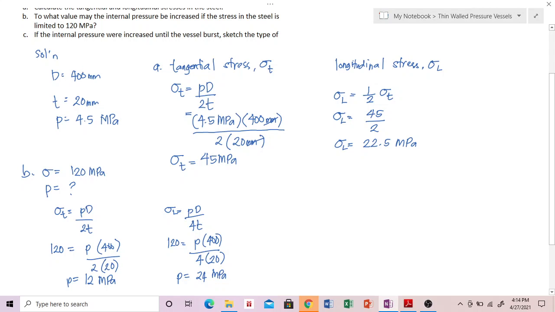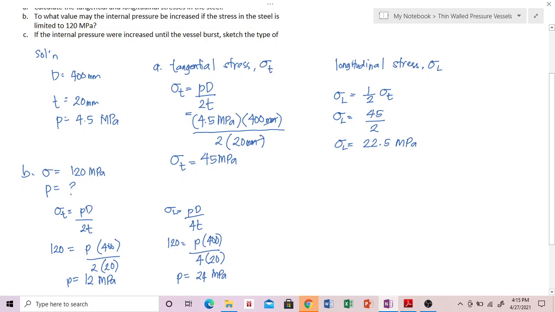The internal pressure, ito yung idea class. Ang tanong kasi sa letter B ay, ano daw yung load? Kasi di ba sinabi ko, internal pressure, yun yung load. Okay, so what is the internal pressure daw kapag ang stress ay in-increase sa 120 megapascal? So, ibig sabihin, kapag steel yung ginamit mo, na mayroong 120 megapascal yung kanyang stress, mas matibay yung steel, di ba?